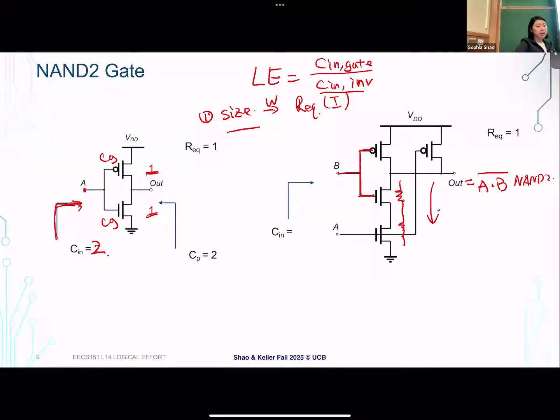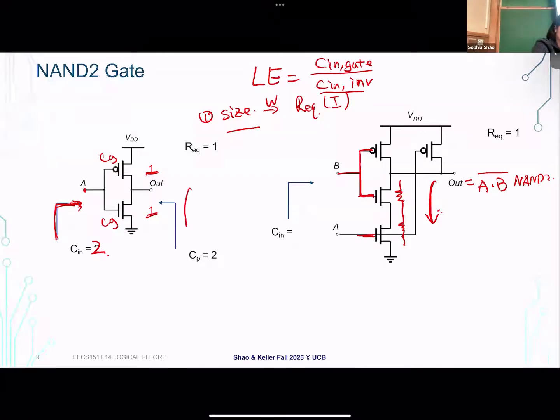Everything in my inverter is size 1, and things get weaker whenever we have transistors connected in series. So we mentioned the slowest path. Let's look at the slowest path here. We have 2 transistors, one for input B and one for input A, connected in series.